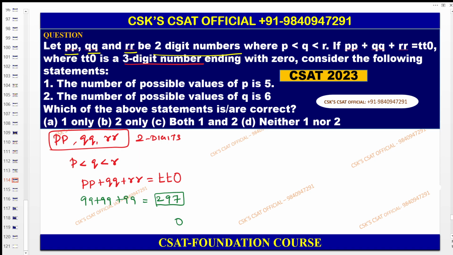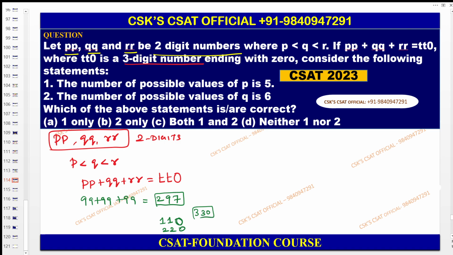So therefore, first constraint, please remember, the unit place here is 0, and that never crosses 220. That's it. Why am I mentioning 220? It is in the format of TT0. Therefore 1 is possible, 2 is possible. The maximum itself is 297. Whether 330 is possible?